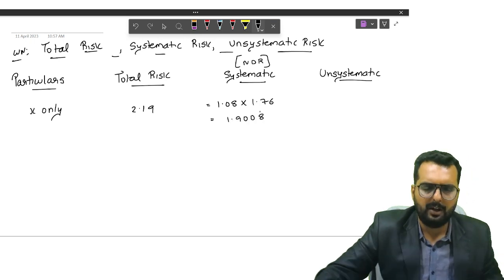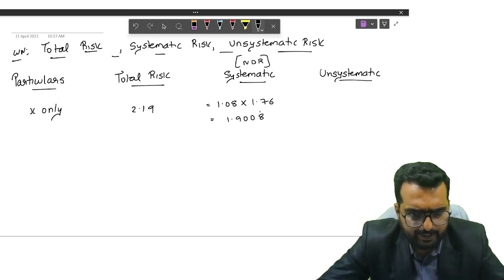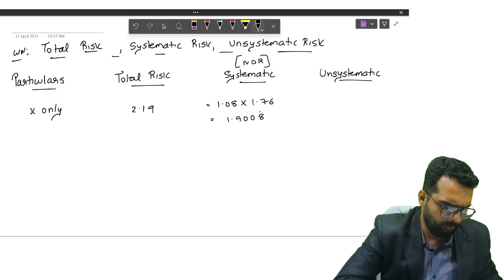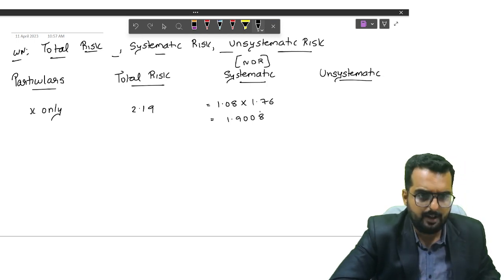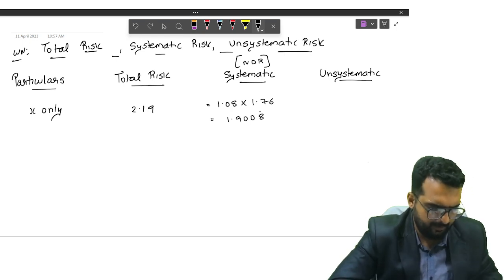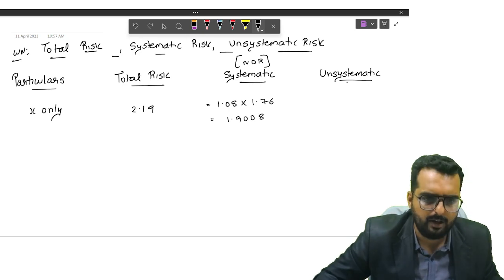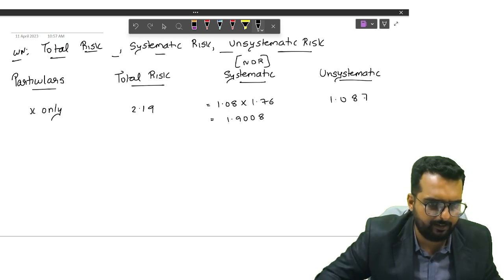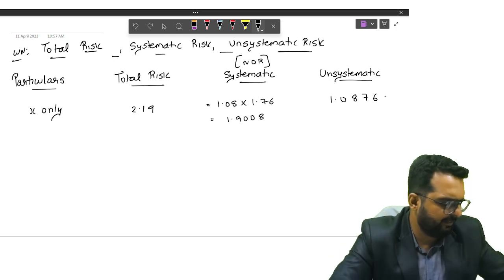So now unsystematic risk will be the square. I have to take the square, subtract it and then take the square root. So I'll do 2.19 square, I'll get a number minus 1.988 square. If I reduce that, I will get 1.18. Of that, the square root, I'll get the number as 1.0876.